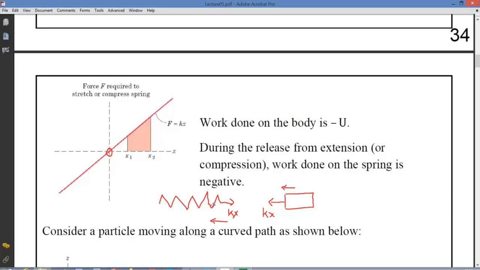As you release it from the extended condition, the spring tries to bring itself to the undeformed position, and as a result of that, during the release, the work done on the spring by the body becomes negative.